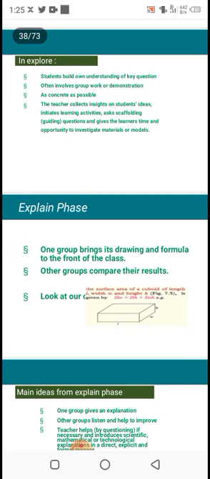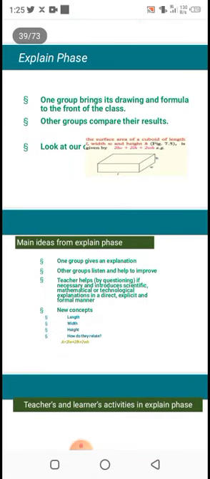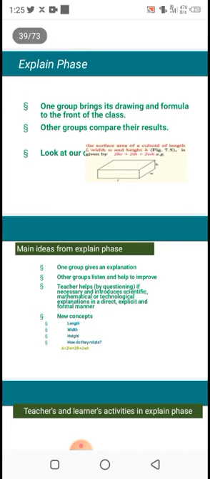The third one is the explain phase. One group brings its drawing and the formula to the front of the class. Other groups compare the results and look at them. Okay, here we have many ideas from the explore phase. One group gives an explanation, other groups listen and help to improve.